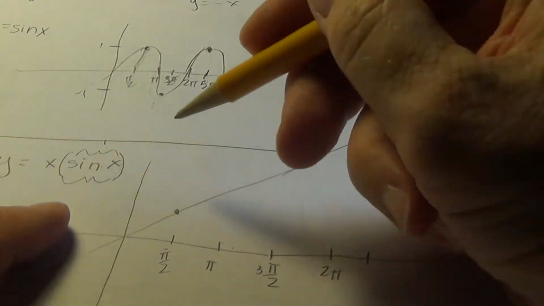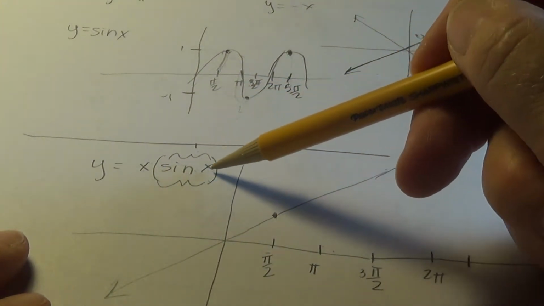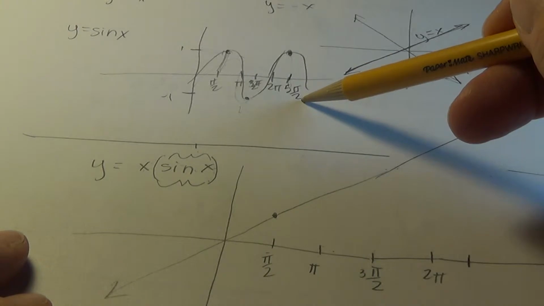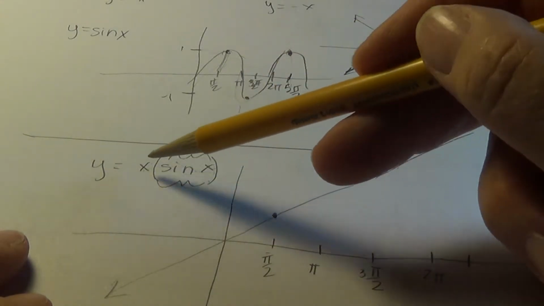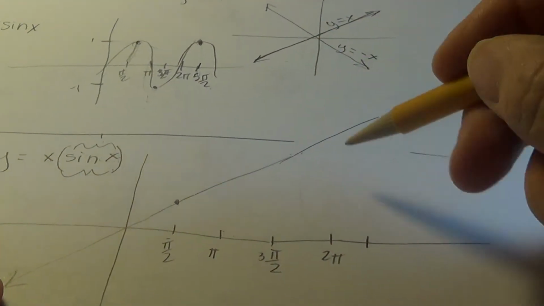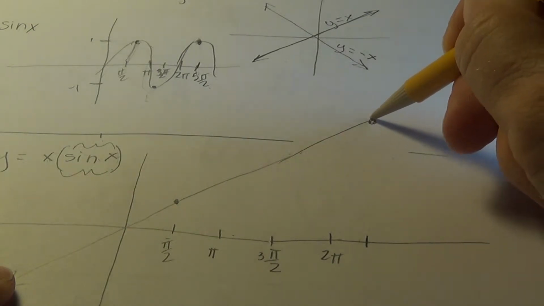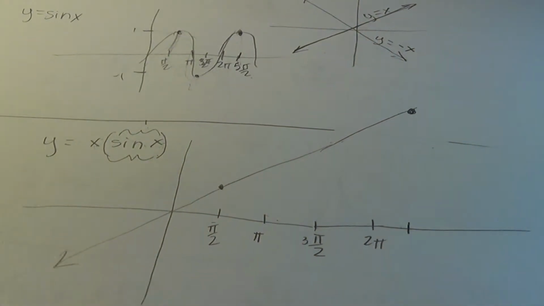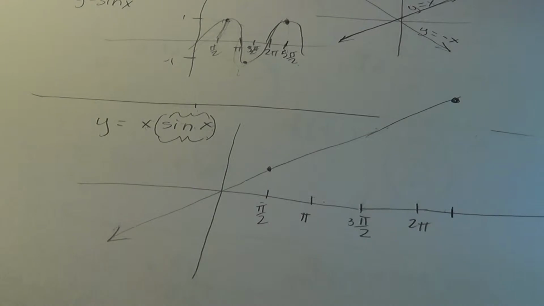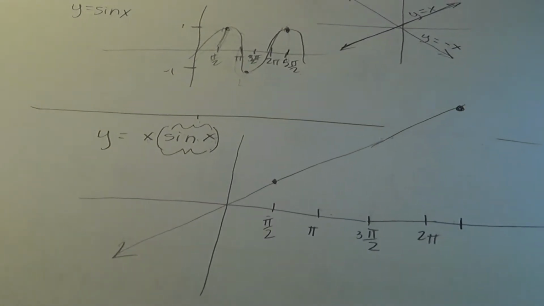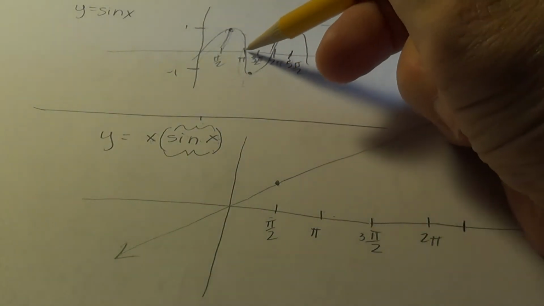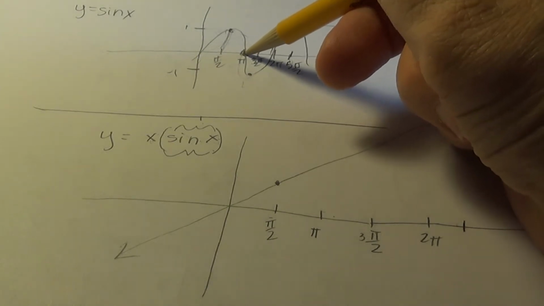So that's going to happen again when x is 5 pi over 2, because the sine value is 1, and this will be 5 pi over 2, which is now going to be up to here. Alright, so we've got 2 points on this glorious graph. Let's talk about what happens at pi, where sine equals 0.